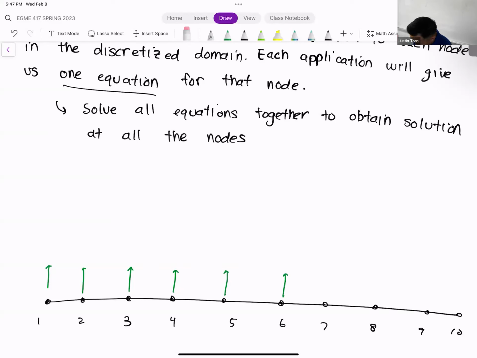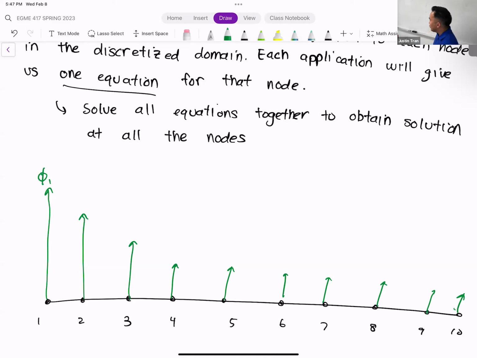Let me draw it so you can visualize it better. I'm just going to make these arrows a bit bigger. At node 1, we're going to have the solution value phi1. Node 2 is going to be phi2, phi3, phi4, phi5, phi6, phi7, 8, 9, 10.